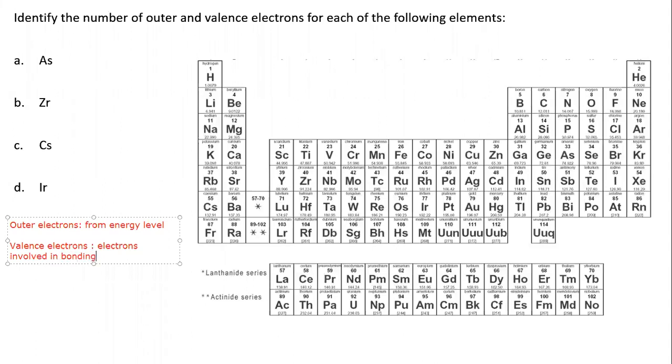So this is the difference between outer electrons and valence electrons. For main group elements, outer and valence electrons are the same number.